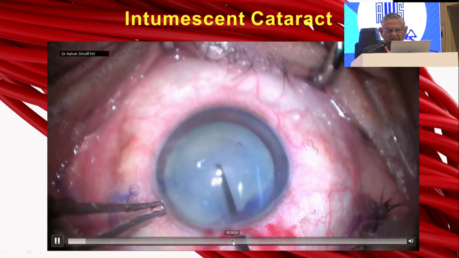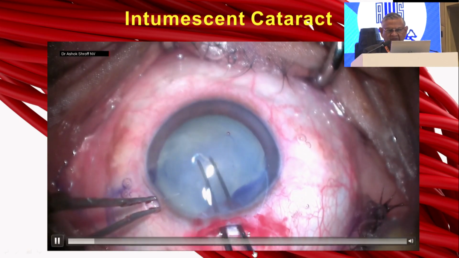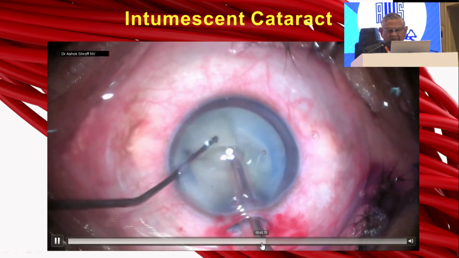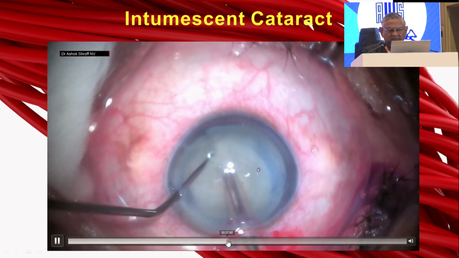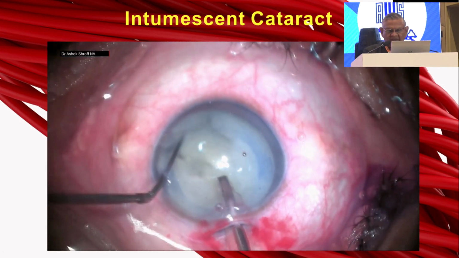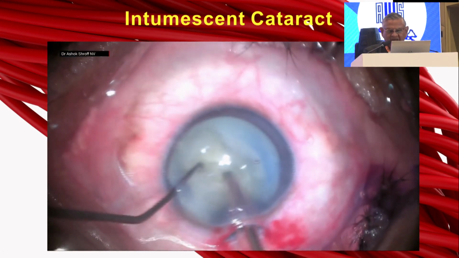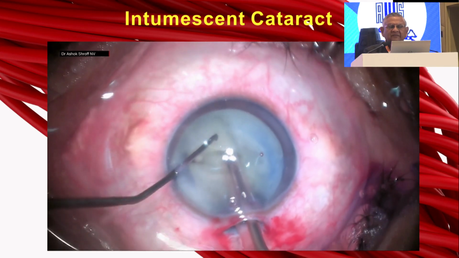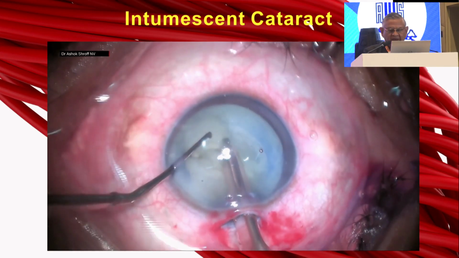And you can see here, once you make the trench, see reverse chopping, and then rotate half of the nucleus, make another fragment, and then remove it.